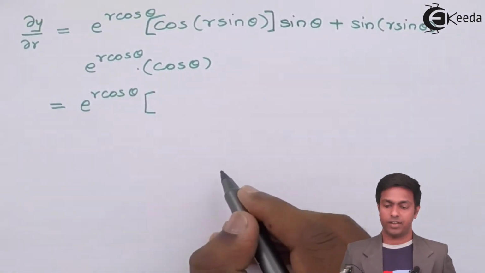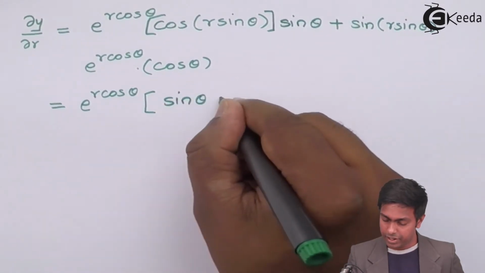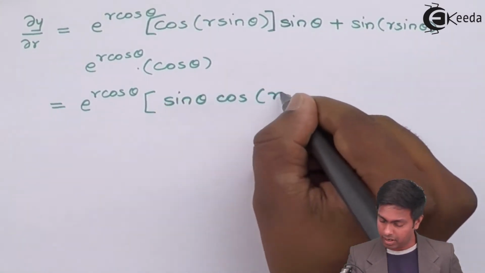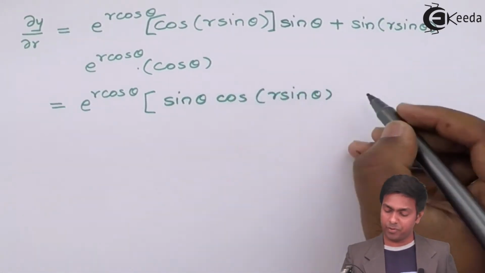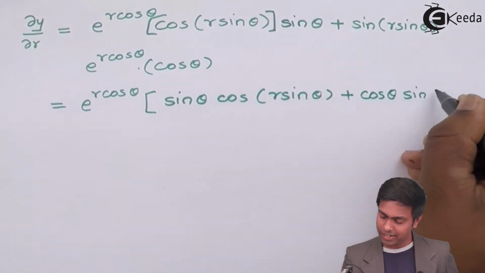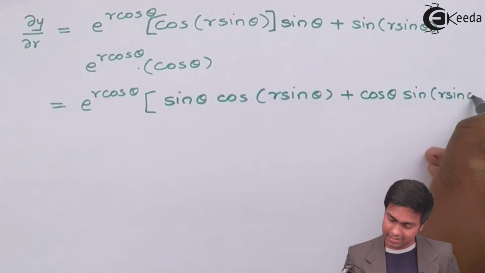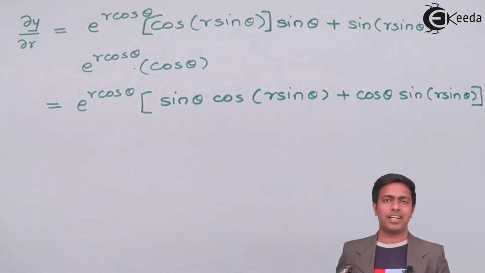In the bracket, from the first term we will get sin theta into cos of r sin theta, and from the second term we will get cos theta into sin of r sin theta. So this is the value of del y by del r.